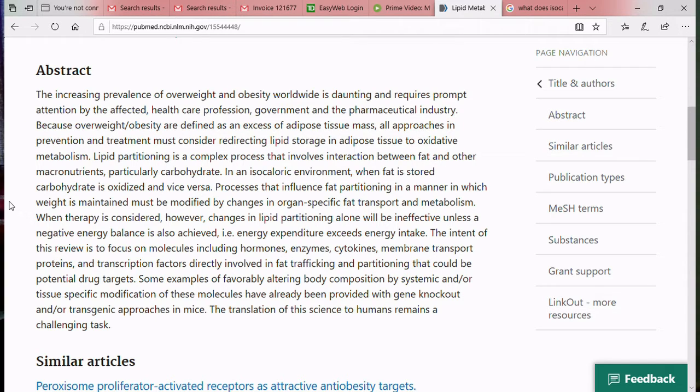The intent of this review is to focus on molecules including hormones, enzymes, cytokines, membrane transport proteins, and transcription factors directly involved in fat trafficking and partitioning that could be potential drug targets. Some examples of favorably altering body composition by systemic and/or tissue-specific modification of these molecules have already been provided with gene knockout and/or transgenic approaches in mice. Translation of this science to humans remains a challenging task.